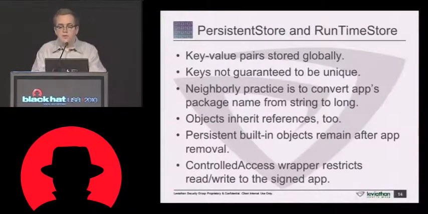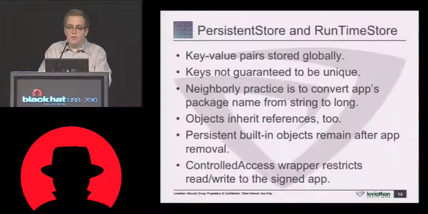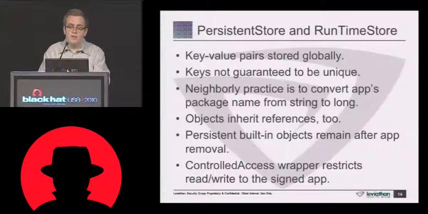So for persistent store and runtime store, they're both based on key value pairs that are stored globally. This is one of the unique instances where you'll see a blatant violation of the sandbox paradigm. One of the consequences of that is that keys can't be guaranteed to be unique. An application can set whatever key it wants, and another application may try and set the same key. If it exists, there's going to be a collision. If it doesn't, it gets there first, and that can be kind of a problem.